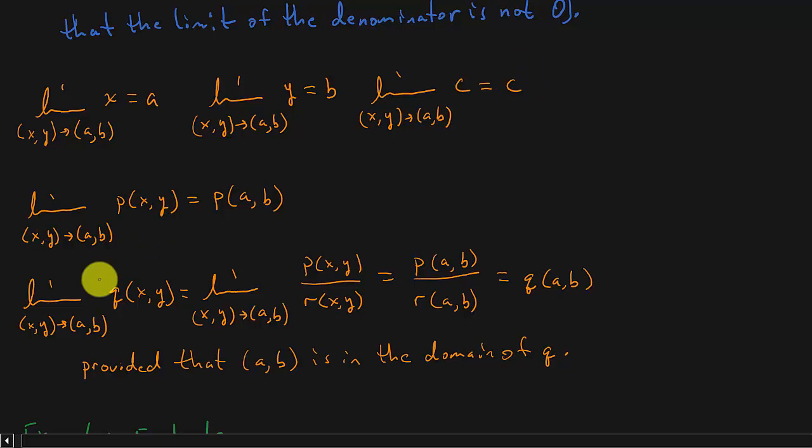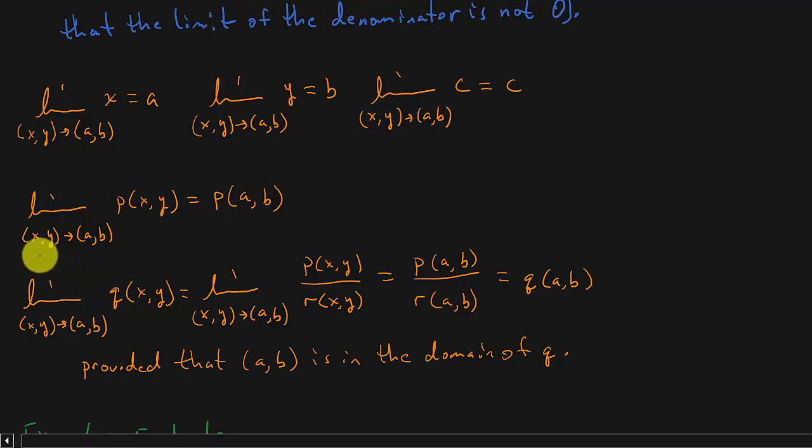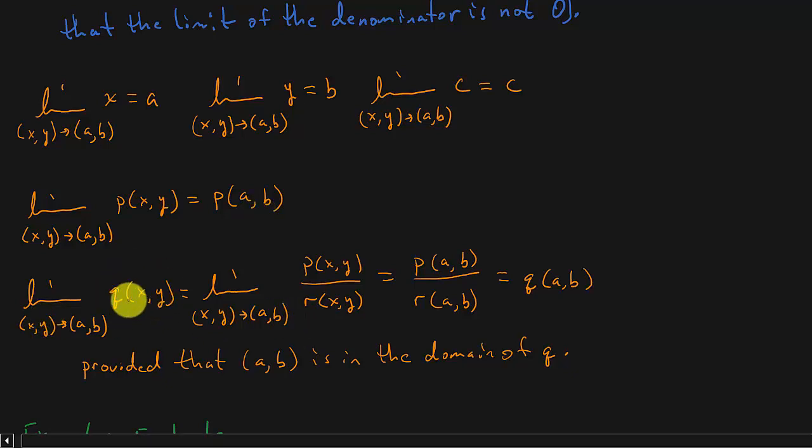We know a polynomial is continuous, so if we take the limit of some polynomial p as (x, y) goes to (a, b), we can evaluate the polynomial at that point, and that'll give us the limit. The same thing with a quotient: if we have a quotient p of (x, y) over r of (x, y), we can take (a, b) and plug it into the rational function, and of course (a, b) has to be in the domain of the rational function.